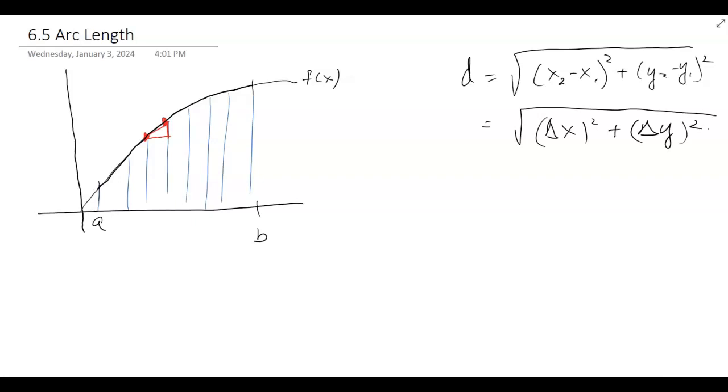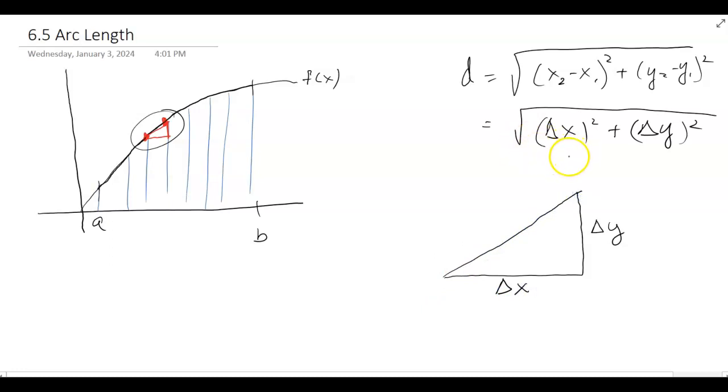And this comes from, if I blow up this rectangle, there's my change in y and my change in x, and the square root of change in x squared plus change in y squared is going to get you the distance from here to here. And that kind of makes sense.